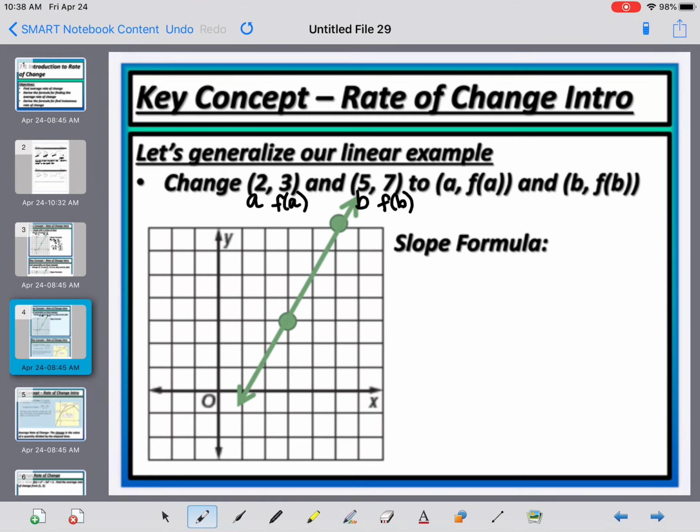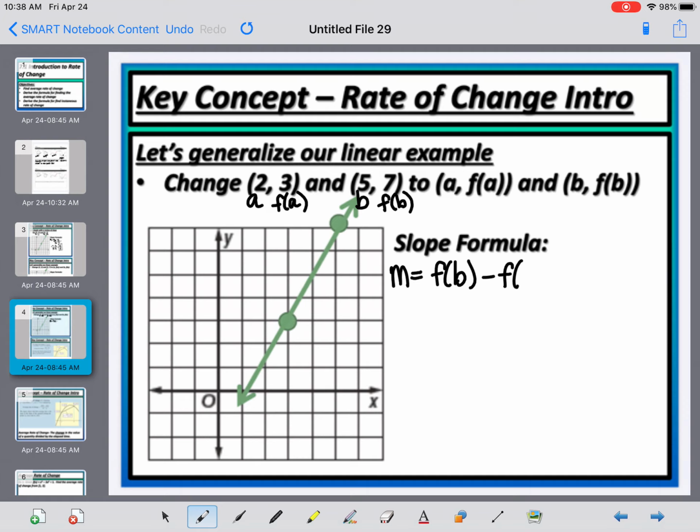So I'm really just using function notation here as a different way of writing our ordered pairs rather than x1, y1, x2, y2.